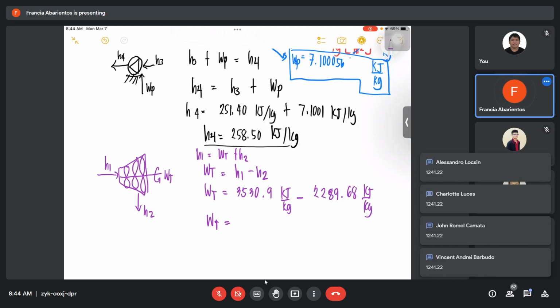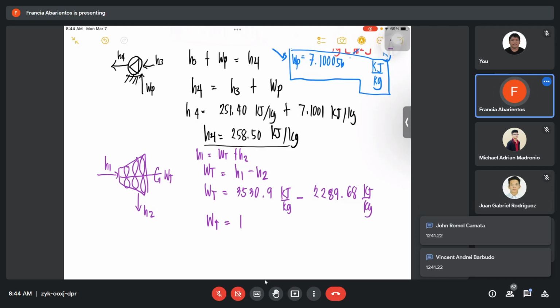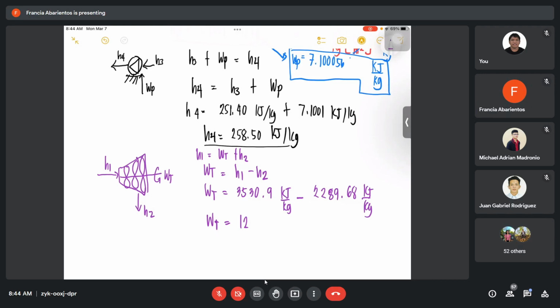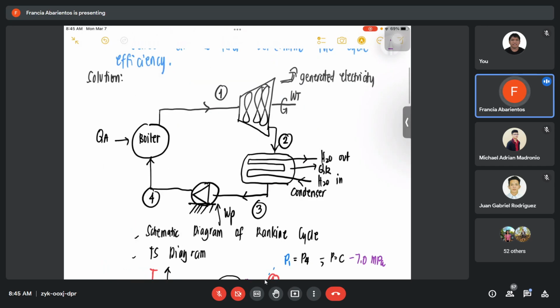Okay. We have now 1.22 kilojoule per kilogram. Di pa tayo pinapahanap sa atin is the cycle efficiency.